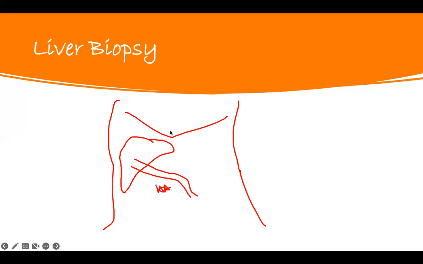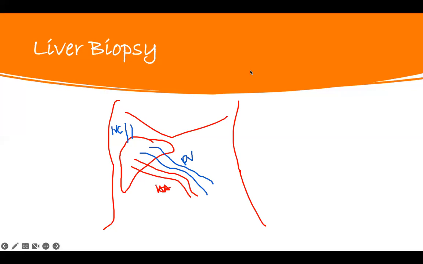We have the portal vein, which is a big vein, returning all the blood from the GI tract to the liver. These veins join together to form the inferior vena cava, together with the other veins to return blood to the heart.